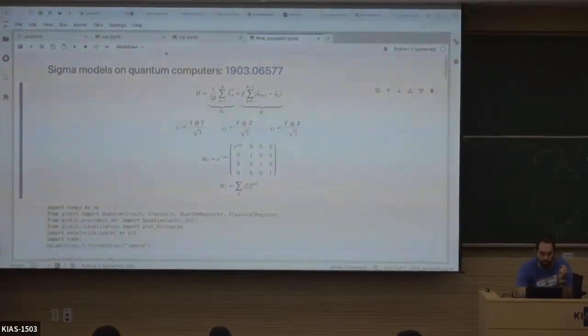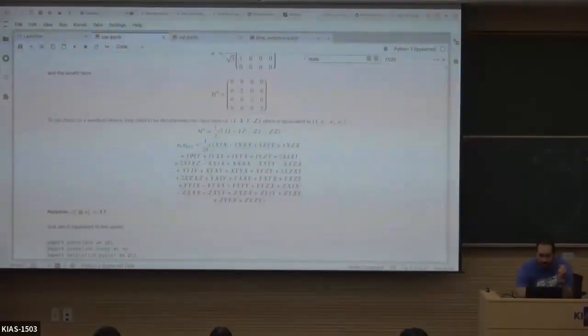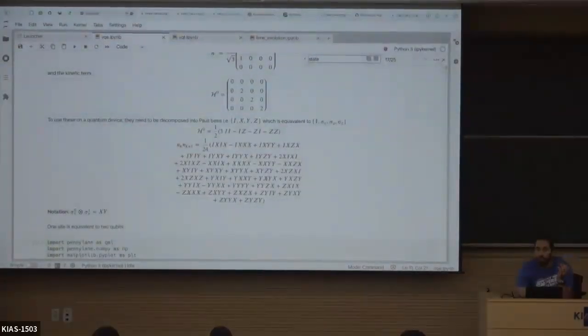If you go up there and check the interaction terms, as you can see, it's a gigantic list, right? If I try to embed every single term one by one, a single time iteration will be extremely long, and I want to optimize this as much as possible.